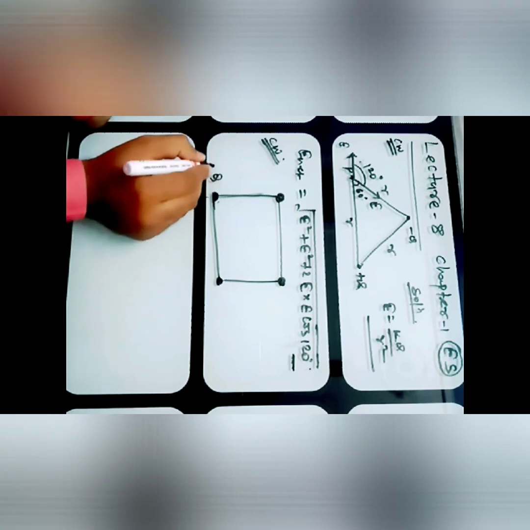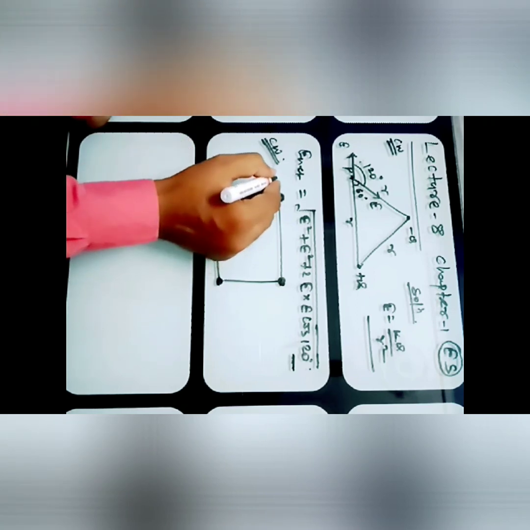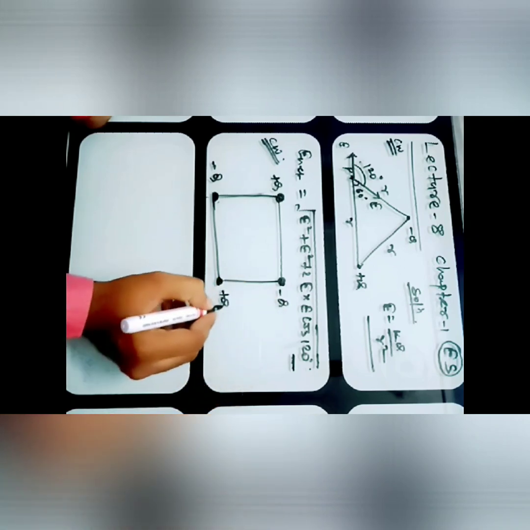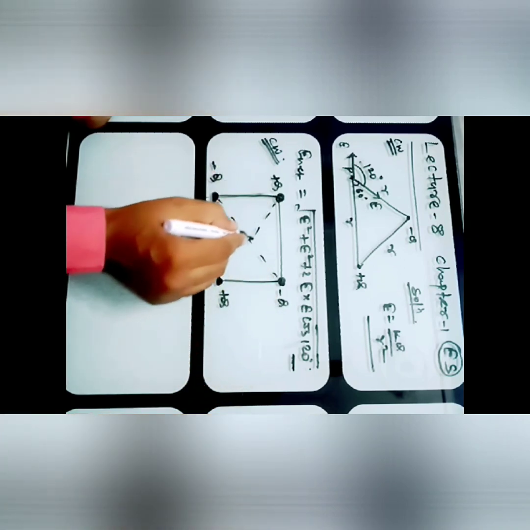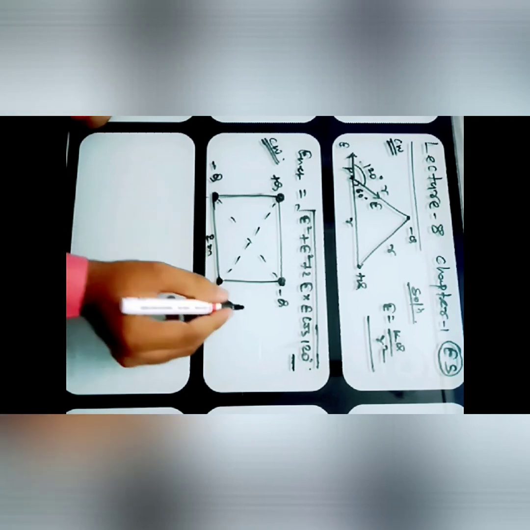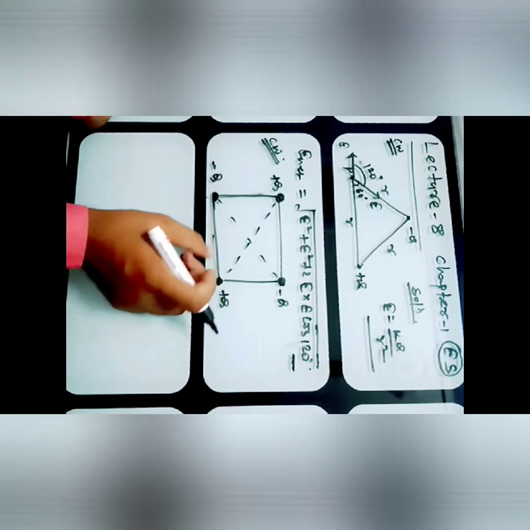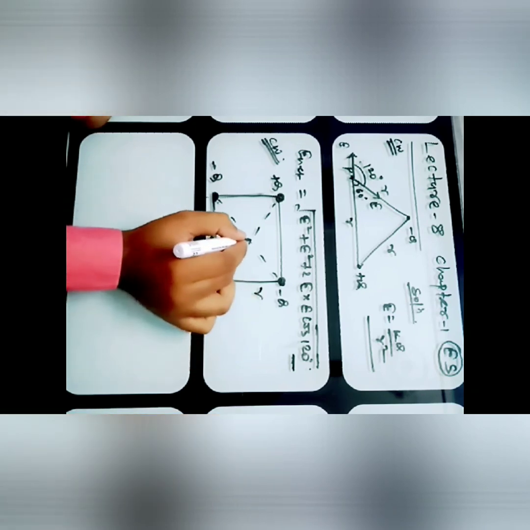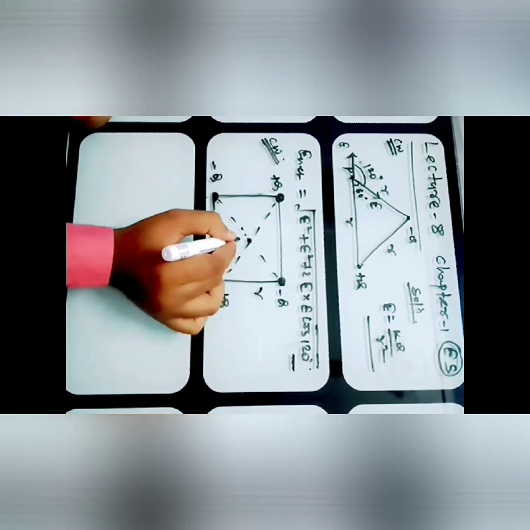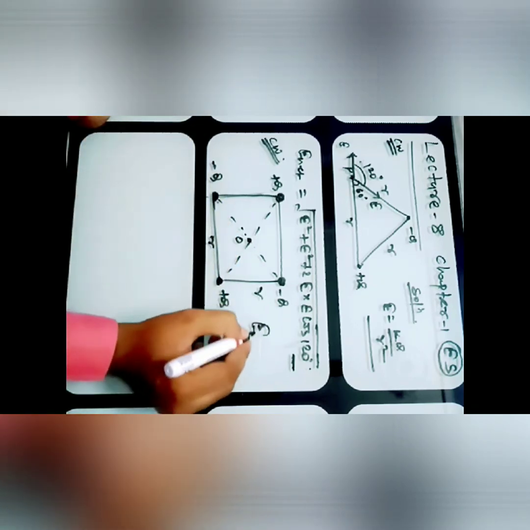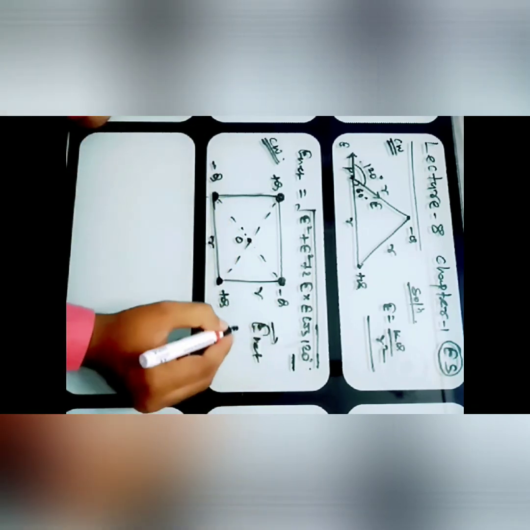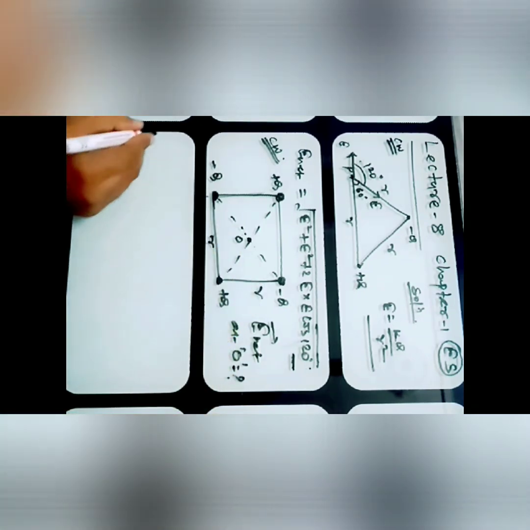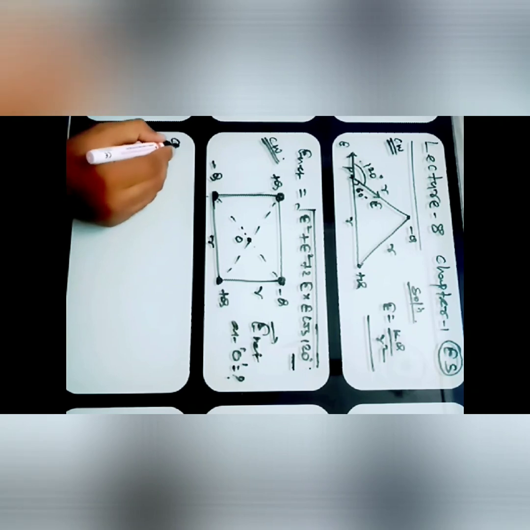The simple question: minus q, plus q, minus q, and plus q. This is a square of 2 meters each. Okay, r distance. Let me generalize this question. R and R, you have to find the net field at the diagonal bisector O. E net at O is equal to what? You have to give the answer. The next, your classwork.